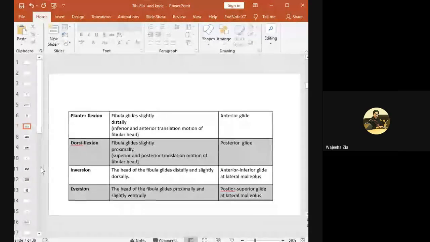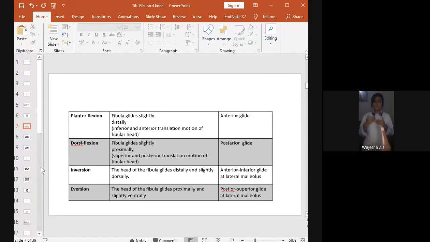If the foot is going into plantar flexion, the direction of the fibula will be inferior and distal.